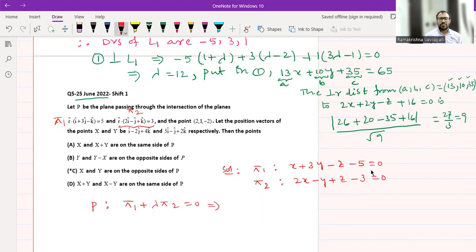This implies you can write x plus 3y minus z minus 5 plus lambda into 2x minus y plus z minus 3 equal to 0. Now it passes through 2, 1, minus 2.